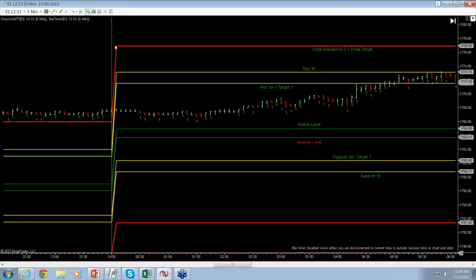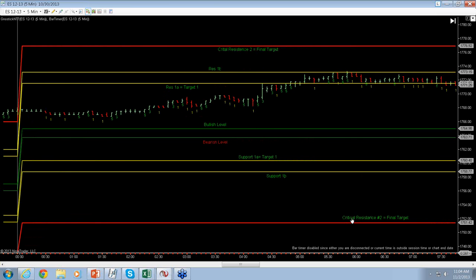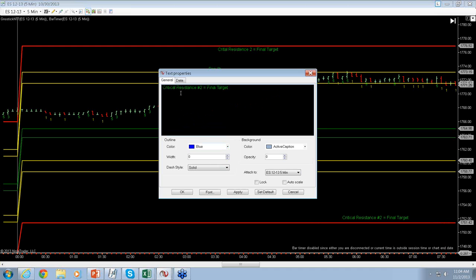First, these levels identify the critical resistance and critical support. Whoops, how about that? That's what happens when you move too fast. Sorry, let's just change that.